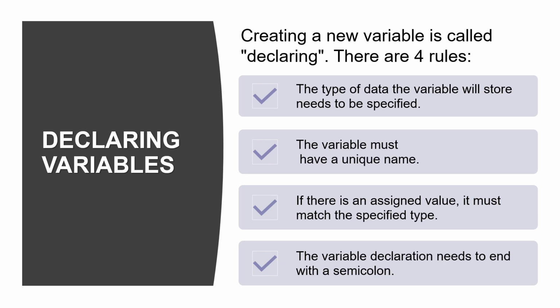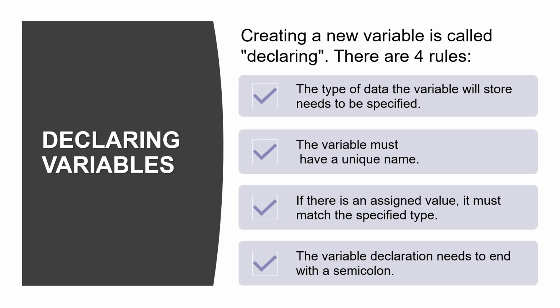The next is you have to give that variable a unique name. Every variable that you make in your program needs to have a different name associated with it so that the computer doesn't get confused and knows exactly what variable you're talking about. And if there is an assigned value, if you are giving that variable data to store, it must match that specified type that you declared first.